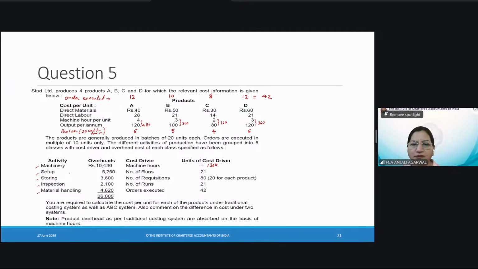Have you done some working? Okay, let's look at how it's going to be presented. The activities are machining, setup, storing, inspection, and material handling. These are the five activities.